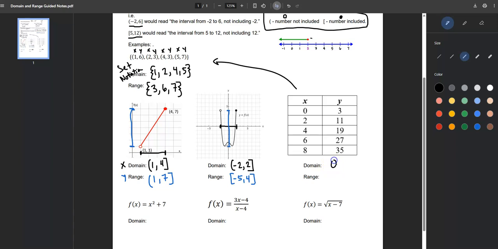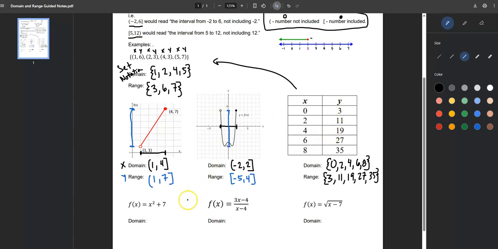So all I'm going to do is just list out my values that are my x for my domain and put these little squiggly brackets around it, okay? And then for the range, I'm just going to list out these others. So 3, 11, 19, 27, and 35. And again, I'm going to put the squiggly brackets around. So this would be how I'd write this one, because these are set notation, not interval notation.